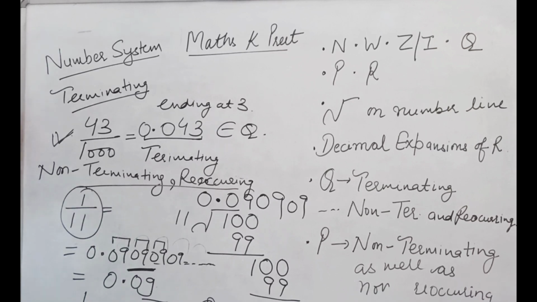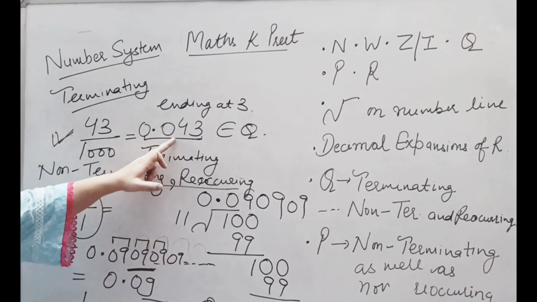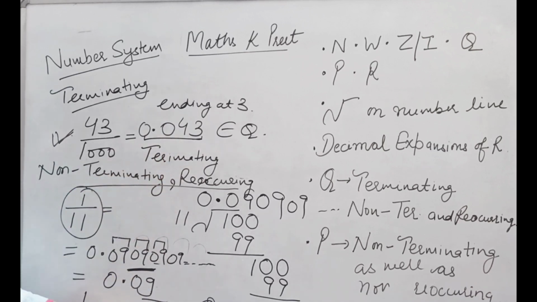So this was the decimal expression of a rational number. Whenever a number is terminating, or non-terminating and reoccurring, that number will be a rational number. In other words, when we have such numbers, these are ultimately rational numbers.